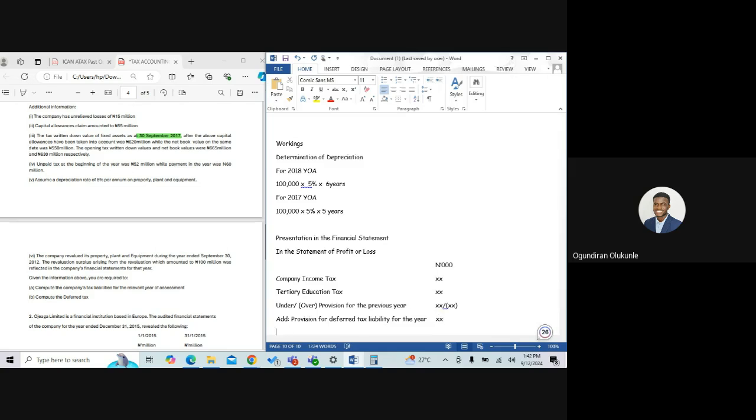Then less provision for deferred tax assets, also for the year.